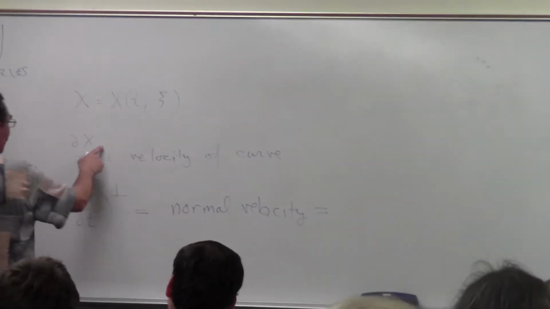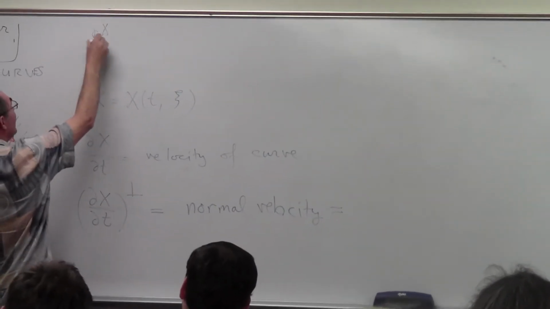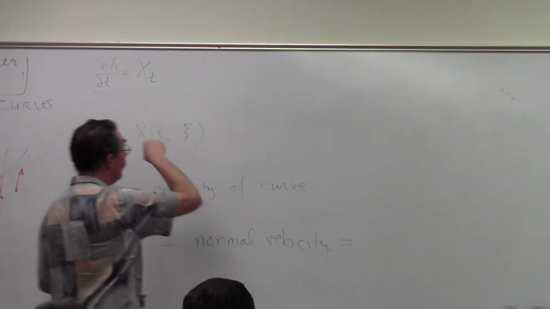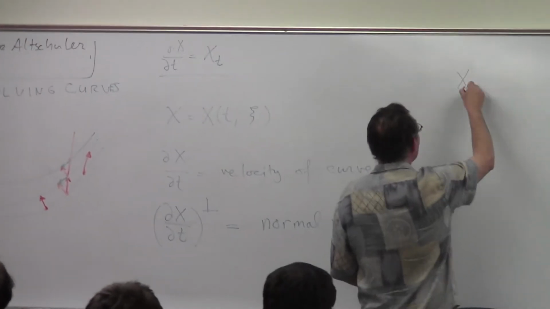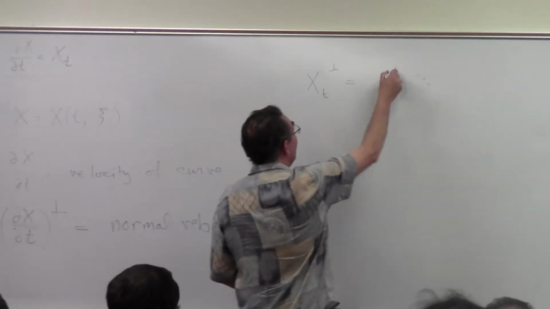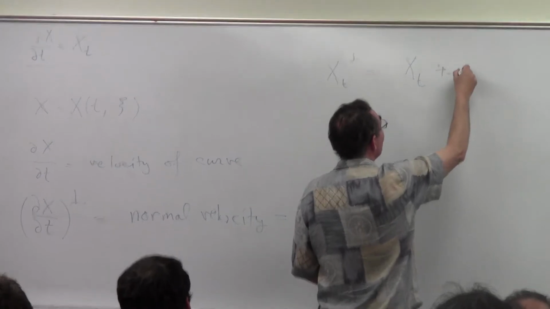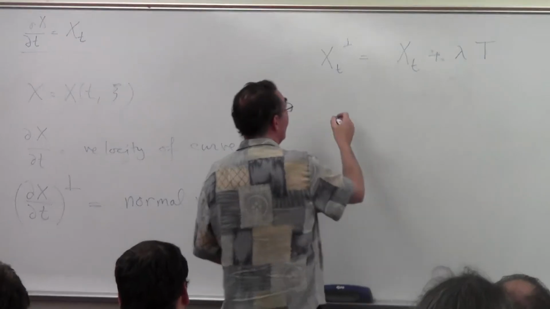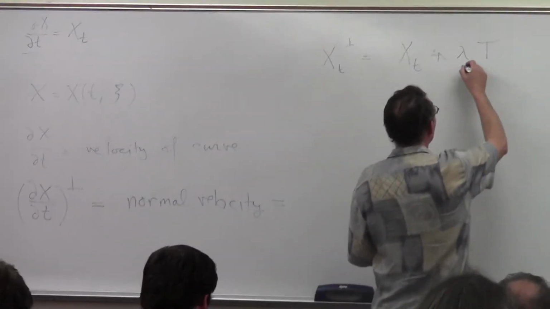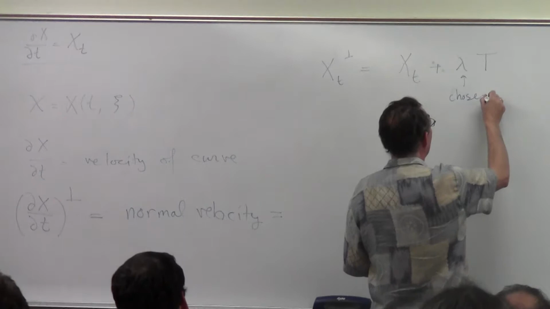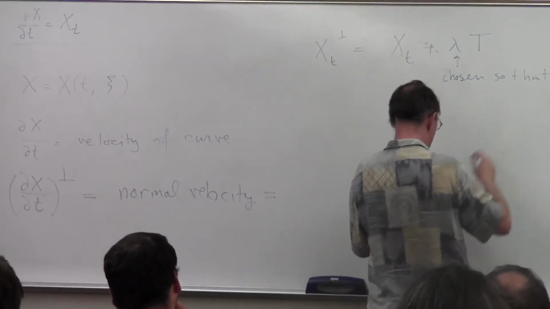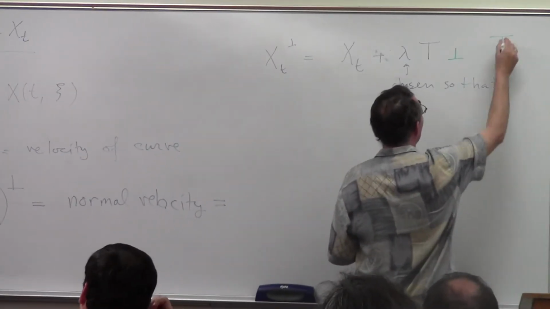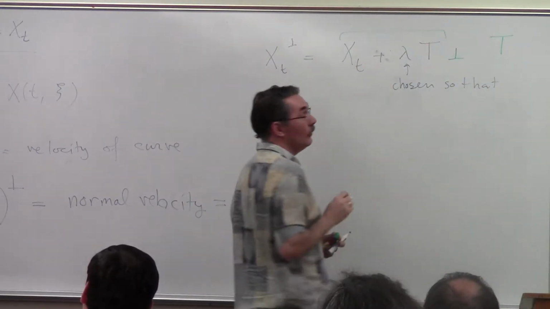I'm not going to write partial derivatives like this all the time. I'll abbreviate dx/dt as x subscript t, so I'll use this notation for partial derivatives. So x_t perpendicular is just x_t plus some multiple, some lambda, times the unit tangent, where lambda is chosen so that this whole quantity is perpendicular to the unit tangent.